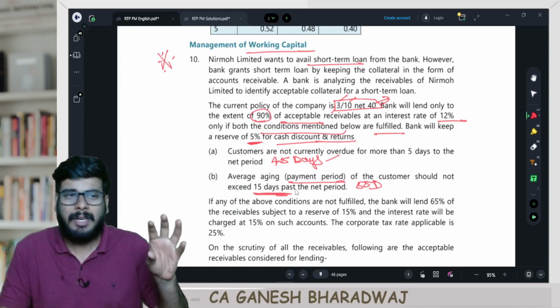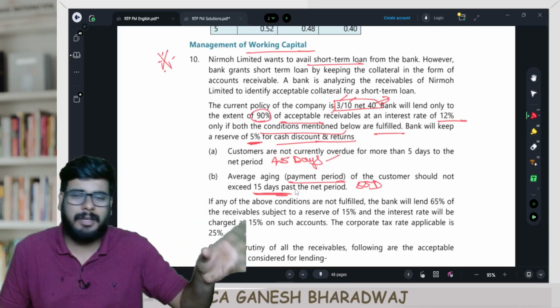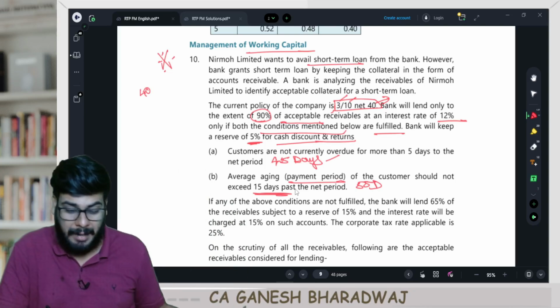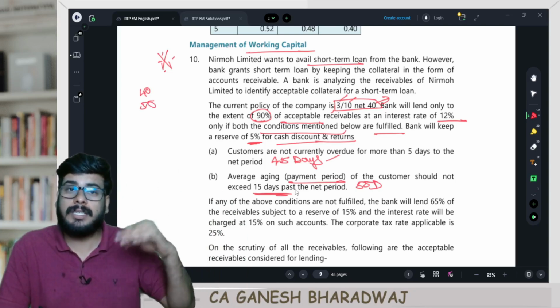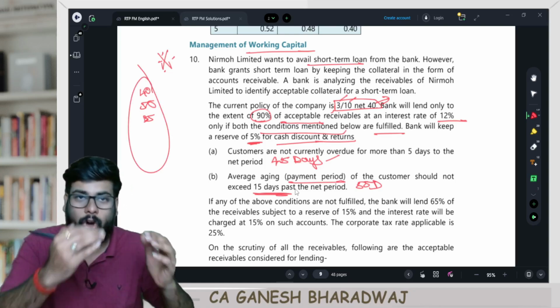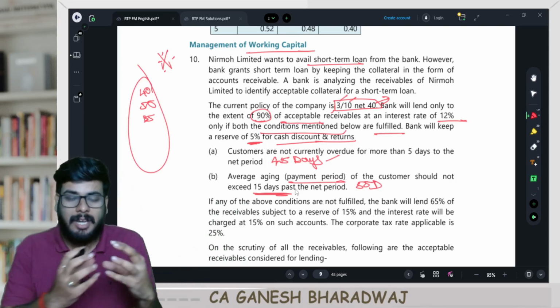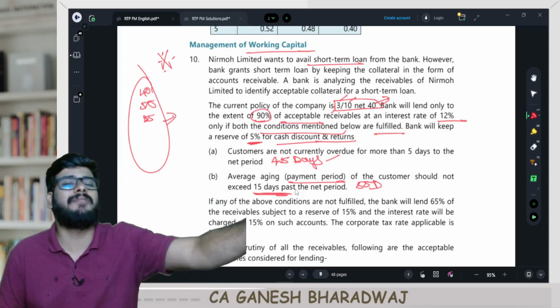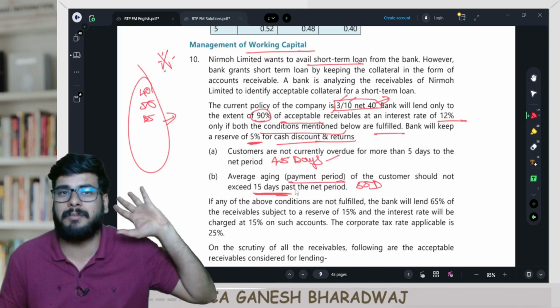In the first sale that I've made, he took 40 days. In the second sale I made, he took 50 days. In the third sale that I made, he took only 35 days, and so on. Now, average of all these past sales that I've made denotes the average time that this particular customer takes to pay me every single time.